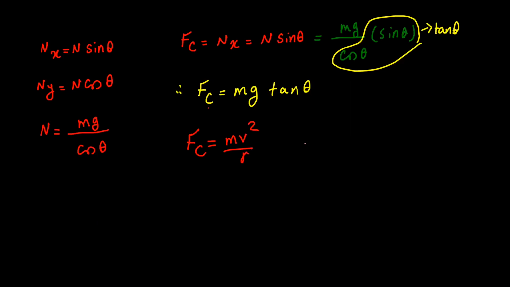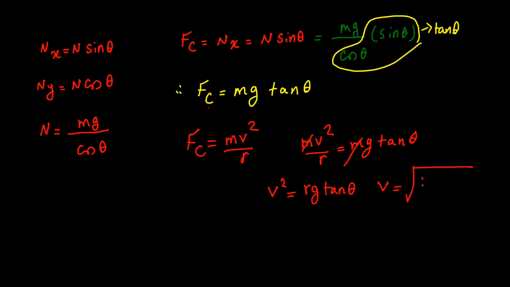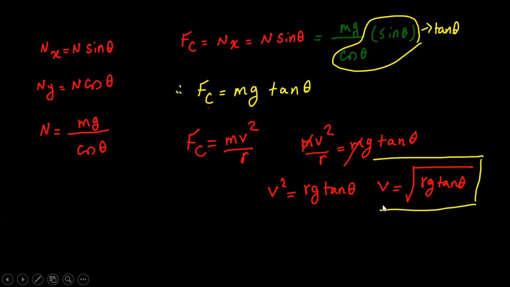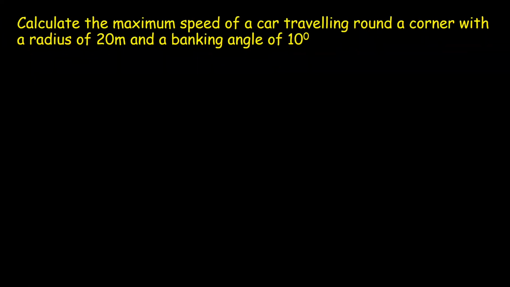As a result, I can say mv squared over r is equal to mg tan theta. By using this formula, we can find the maximum speed that a car can travel on this road in order to stay on track.